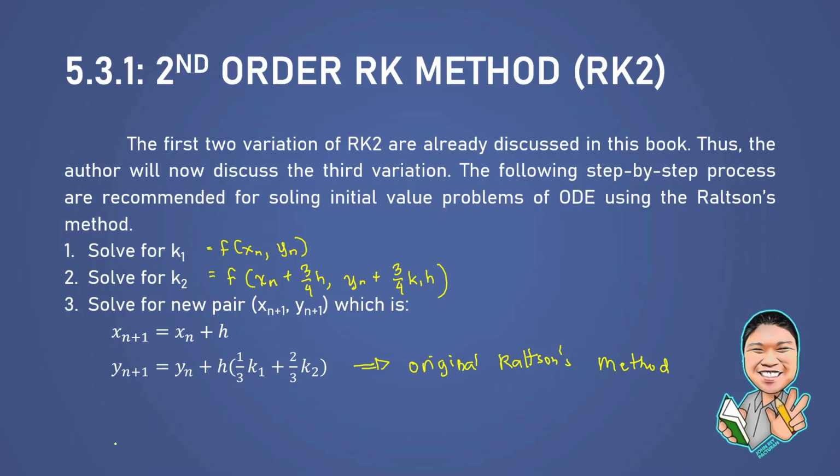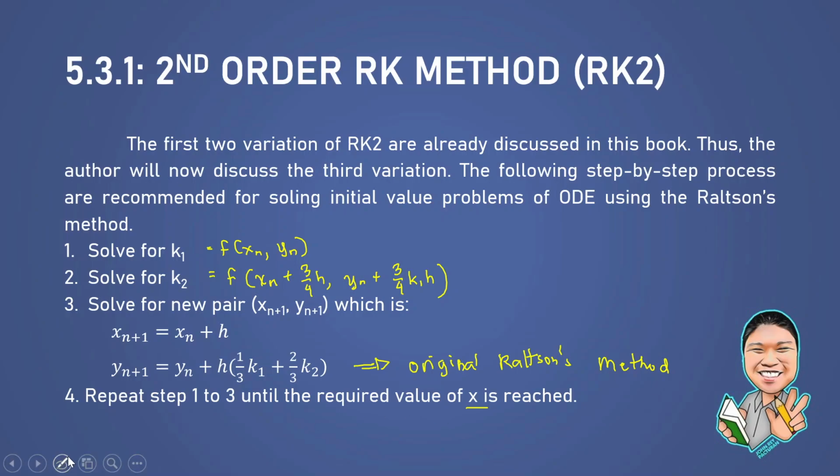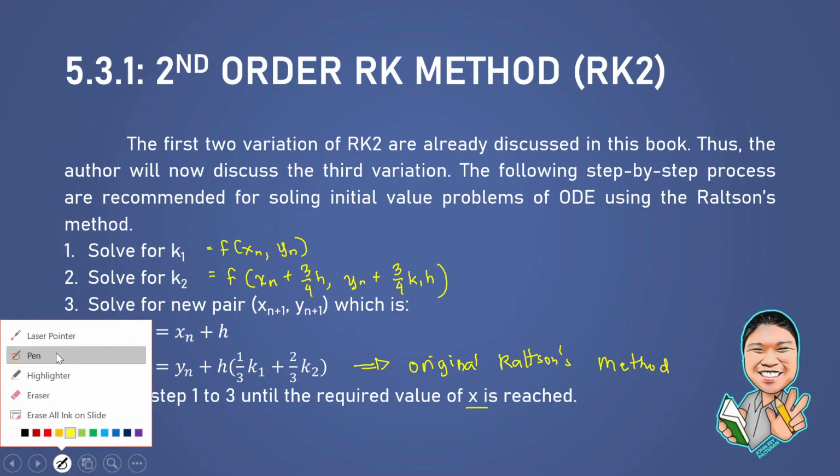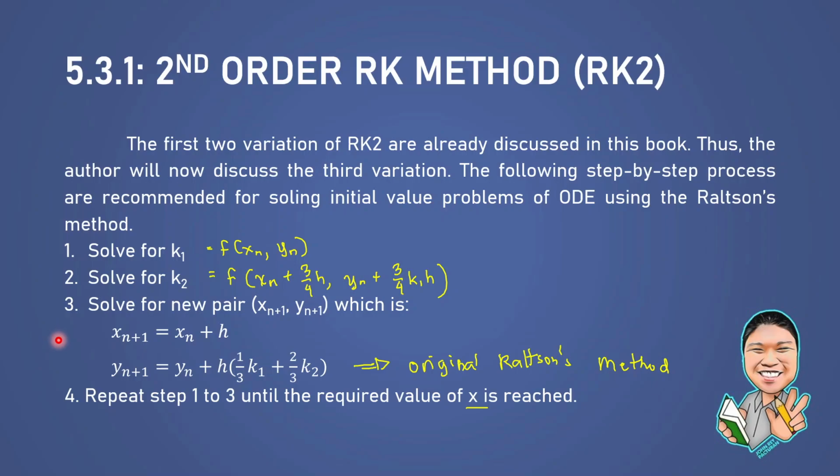So, this is already introduced doon sa part 1 ng videong ito. Lastly, the step 4 is of course, i-repeat mo lang itong unang tatlong step until the required value of x is reached. Okay, so sige, mas maiintindihan nyo to when we discuss this again by using an example.